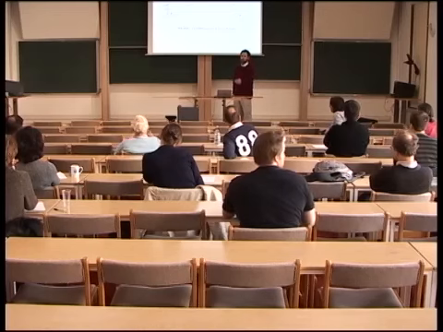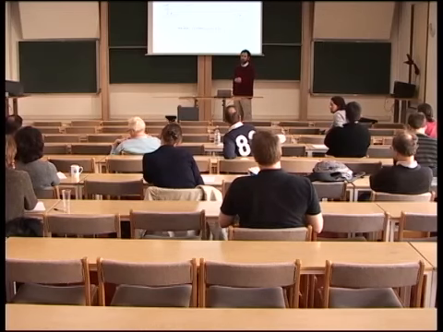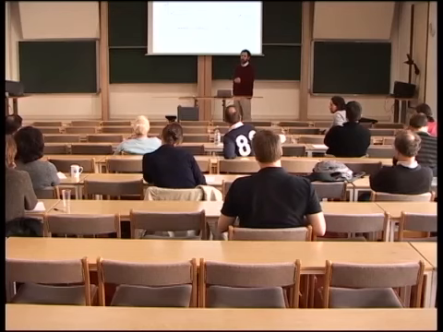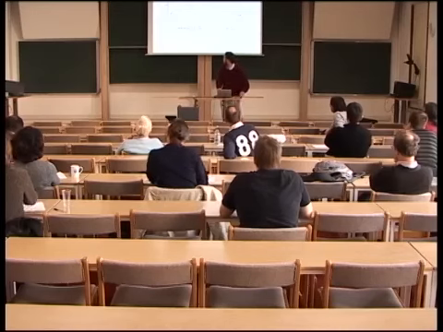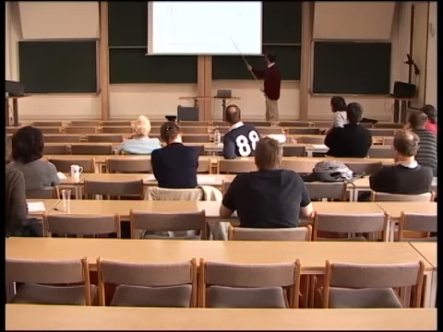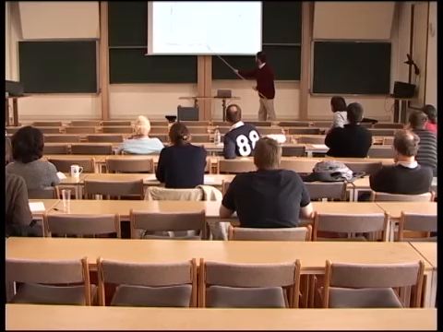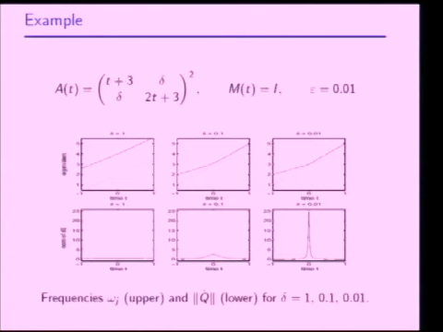You need to compute the eigenvalues in every time step. You need to compute the transformation, and essentially what is monitored in the step selection strategy is the change of the transformation matrix. If you observe something like that, then you might get the idea maybe it's the right time to choose a smaller step size. So roughly, this is what's behind.